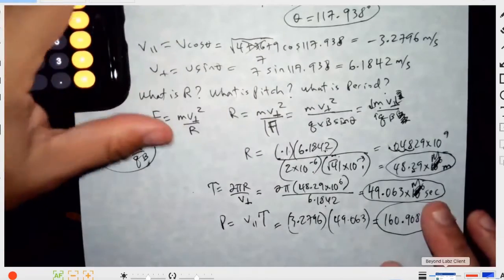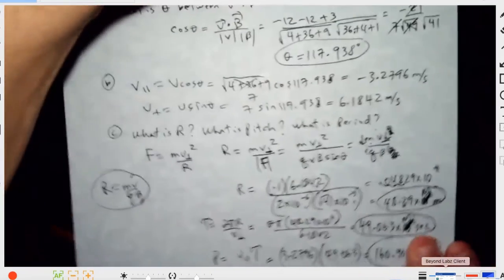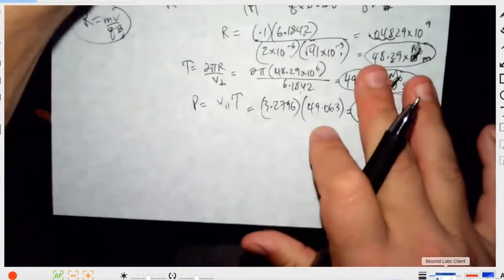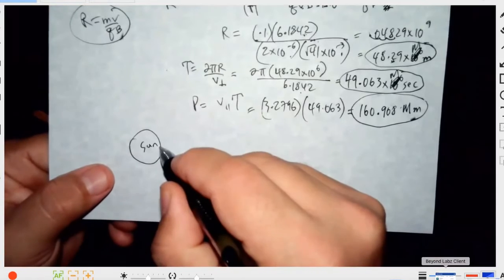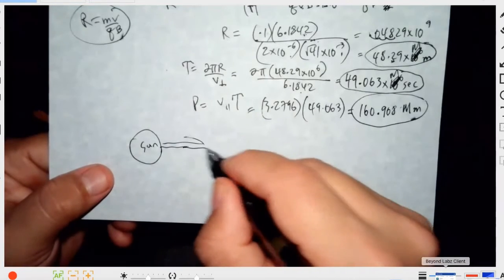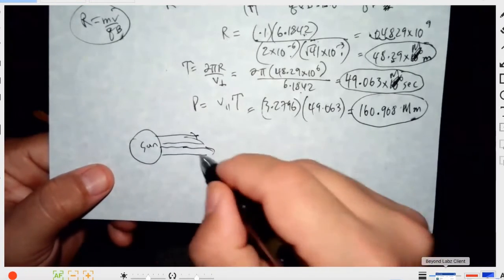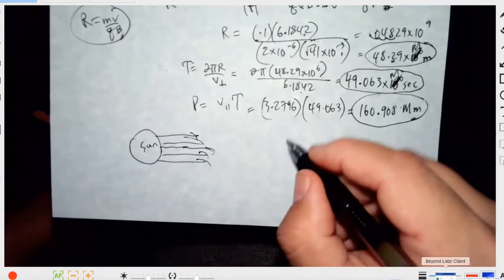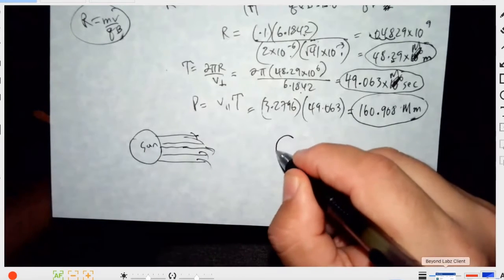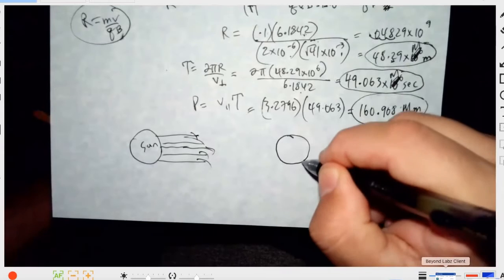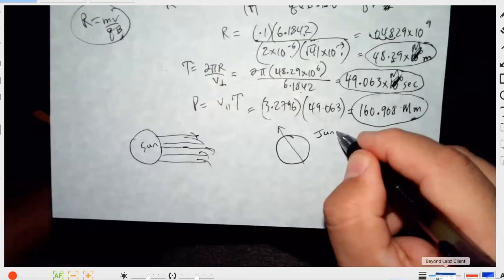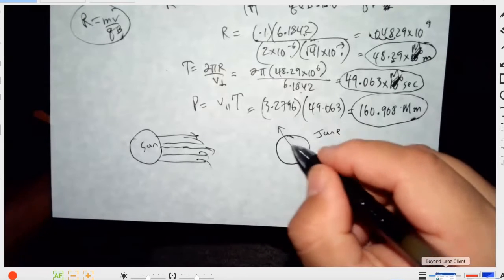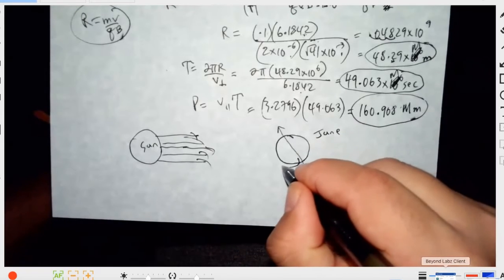This is the kind of thing that would happen, as I was saying yesterday, from the solar wind. Let's say this is the sun, and these charged particles come. During the summer, in June, when the Earth is facing the sun, the magnetic field of the Earth is like this.